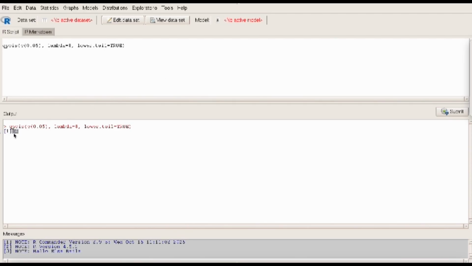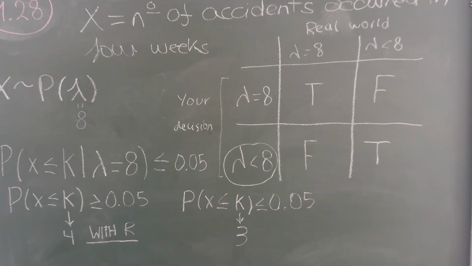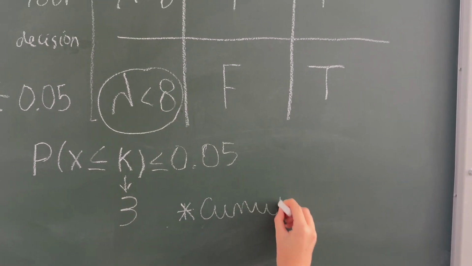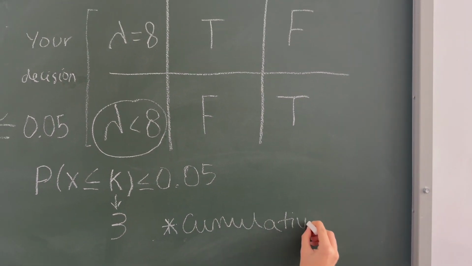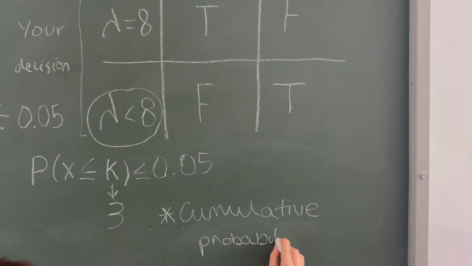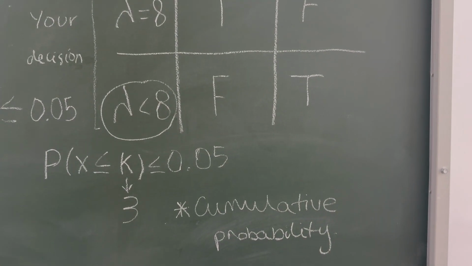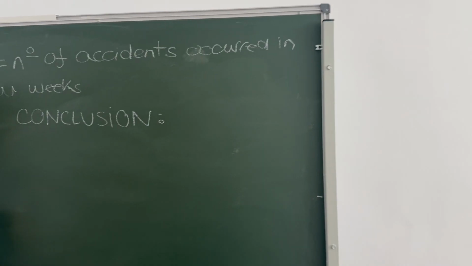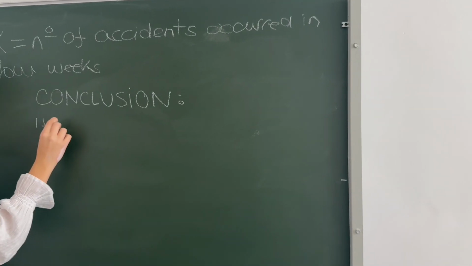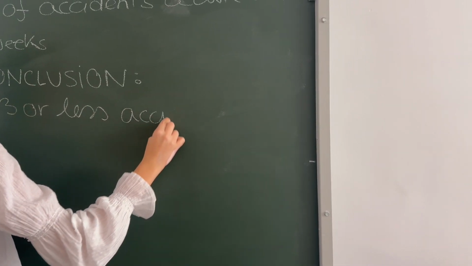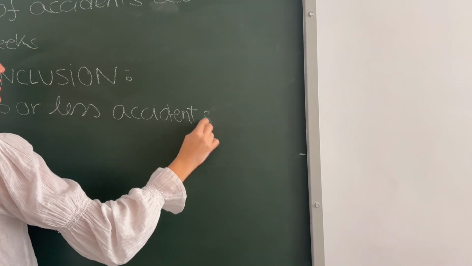So the probability of X being lower than or equal to 4 is higher than or equal to 5%. Therefore, we know that the next smallest value, for which the probability of X lower than or equal to k is lower than or equal to 5%, will be 3. We can conclude that if in 4 weeks 3 or fewer accidents have been observed, the traffic light has been effective.